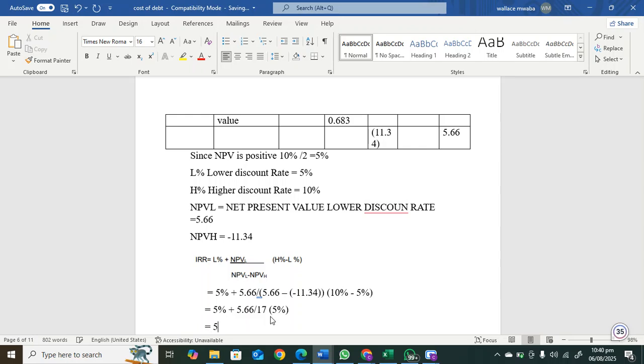So we say 5% plus 5.66 divided by 17, you get 0.3329 multiplied by 5%.